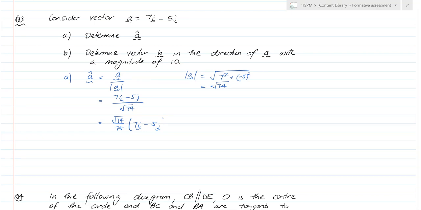I've left my other one down on my desk. There we go. Or I would take 1 over root 74, 7i minus 5j, or I would take the expanded version of either of those. Four different options I'd take.